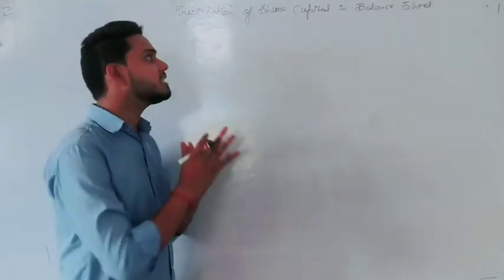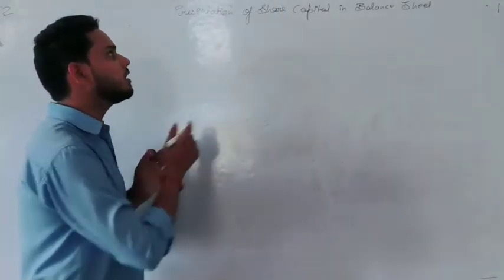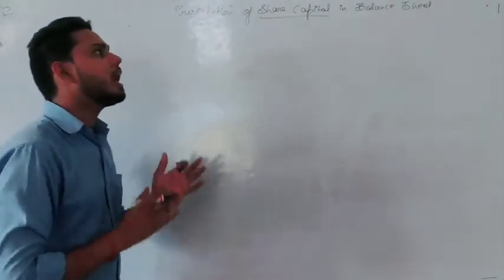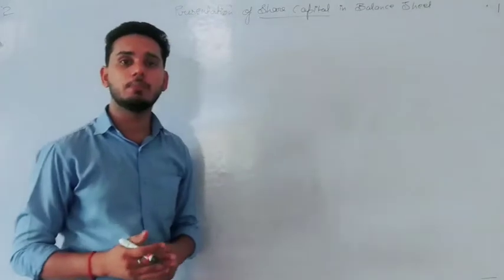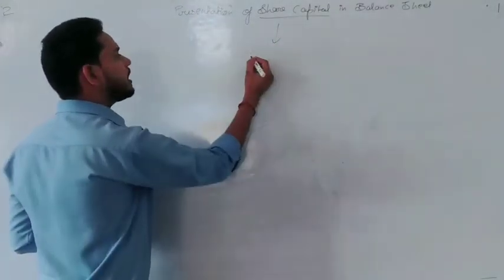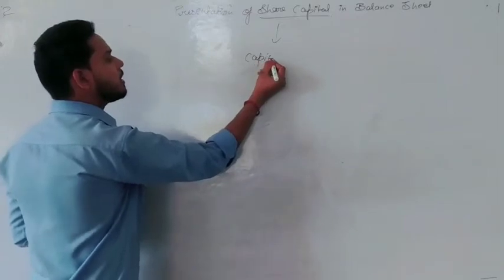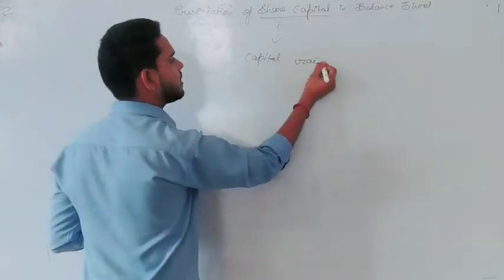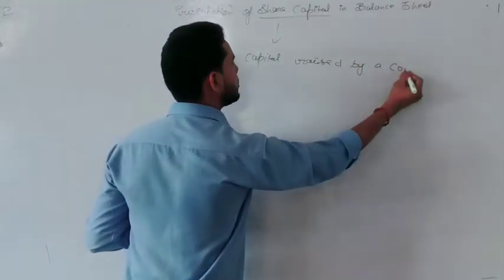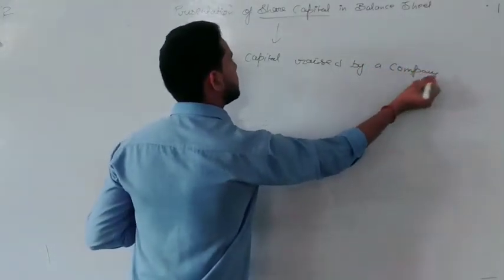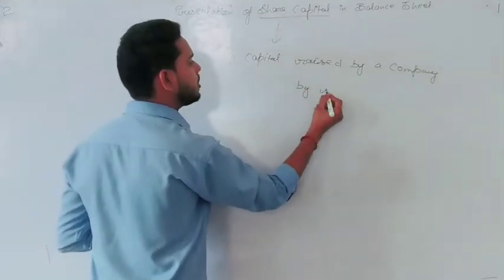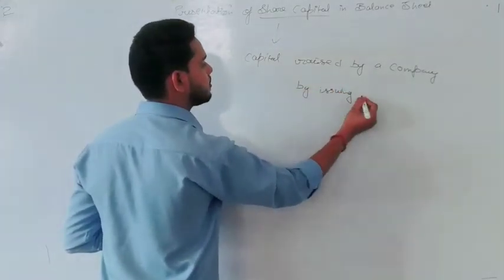Now before understanding this topic, the first thing that we need to understand is what is share capital and how the balance sheet of a company looks like. Now what is share capital? Share capital is the capital raised by a company by issuing shares.